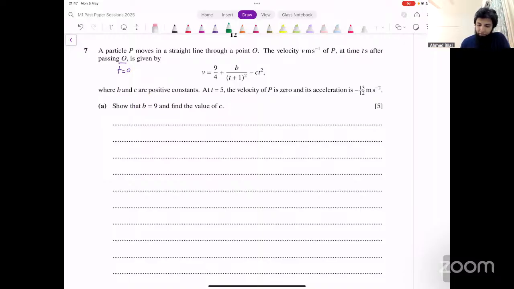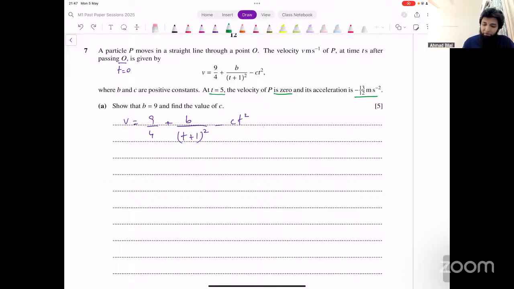Okay, so what are we given? At time equals 5, the velocity is 0 and the acceleration is this. Now we've got the velocity function. V equals 9 over 4 plus B over (t plus 1) whole squared minus ct squared.